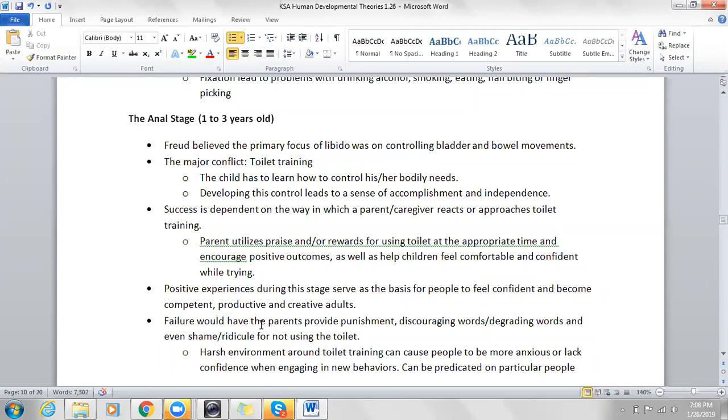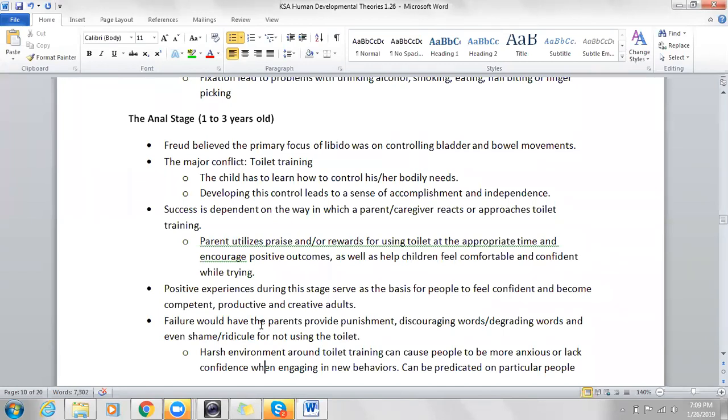So success depends on the way in which a parent and/or caregiver approaches toilet training. Therefore, parents who utilize praise and/or rewards for using the toilet at the appropriate time, encourage positive outcomes, and help the children feel comfortable and confident while trying.